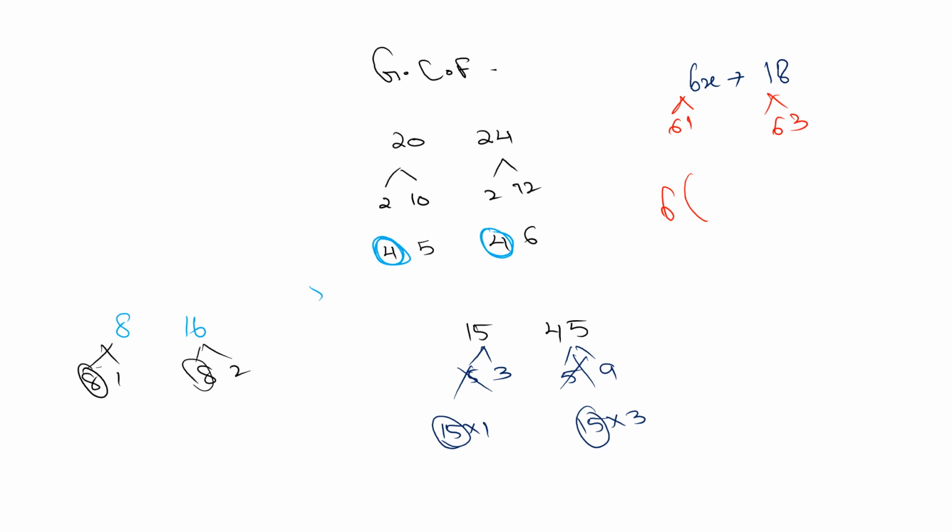Now what is left from here? 6 you already wrote here, so 1x is left, right? We don't write 1 before the variable, so we will put the x only. Here we will write the plus. Now this 6 is already outside, which you are sharing, and only 3 is left.